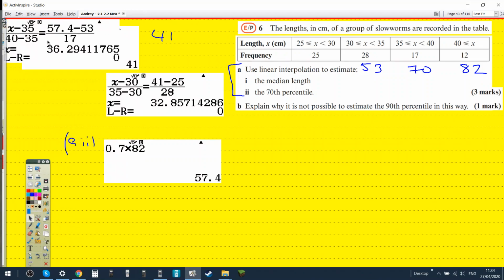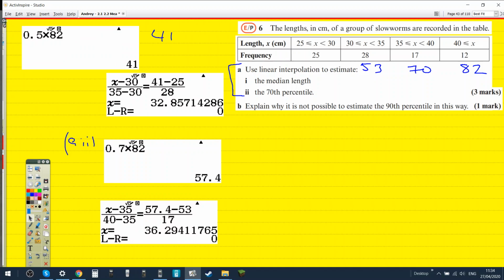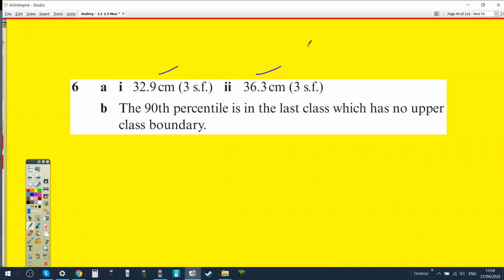So the first one got a bit bigger. The first one was 32.9, and that was the median, in centimeters. This is their length. And so the 70th percentile, you'd expect it to be a bit longer, and it is 36.3 centimeters. And then I think you're okay for B, 32.9, 36.3.